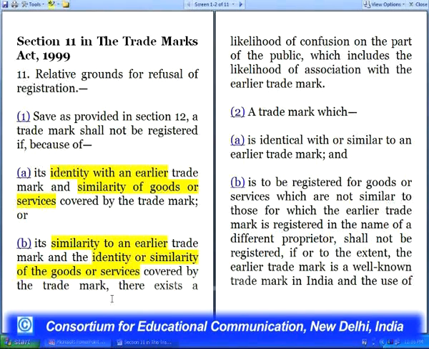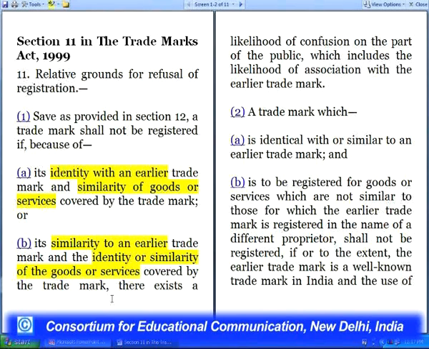We can understand that it is a case of use of an identical or similar trademark on identical or similar goods. I am going to repeat it once again for your convenience. The prohibition covered under Section 11.1, friends, is a case of use of an identical or similar trademark on similar or identical goods.